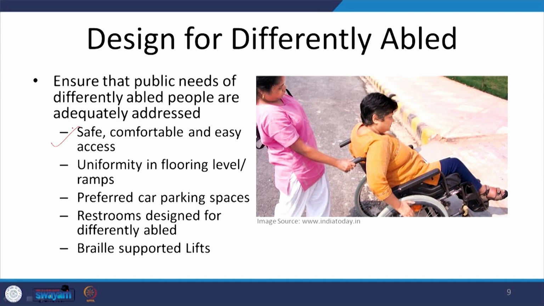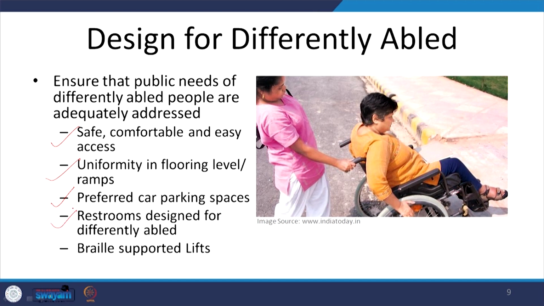Now, specifically we are talking about safe, comfortable and easy access, uniformity in flooring level or ramps, which should not change abruptly, and preferred car parking spaces closer to the building for differently abled people.